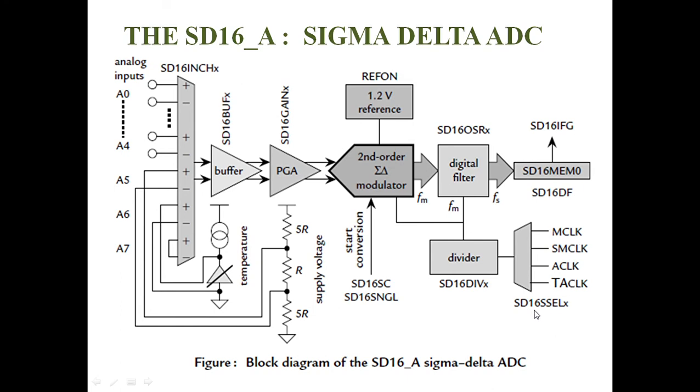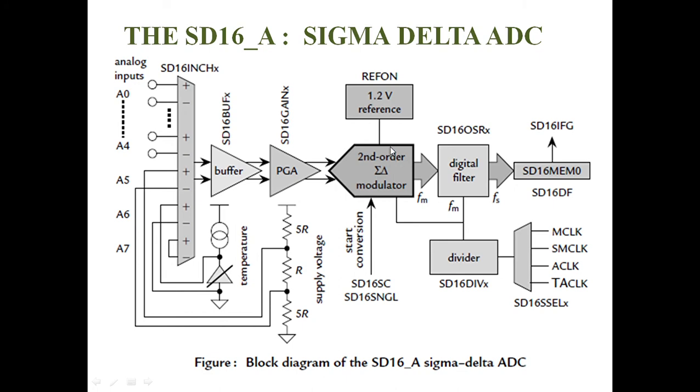So by using the Sigma Delta 16-bit source select, we can select any one of the clocks, that may be main clock or subsystem main clock, auxiliary clock, timer A clock. Again, that is configured, that means that is divided by the divider to get the desired clock frequency, that is given to the second order sigma modulator, and at the same time given to the digital filter.